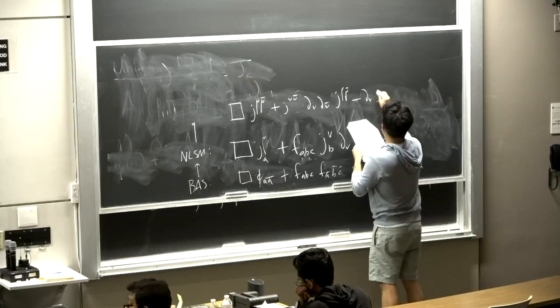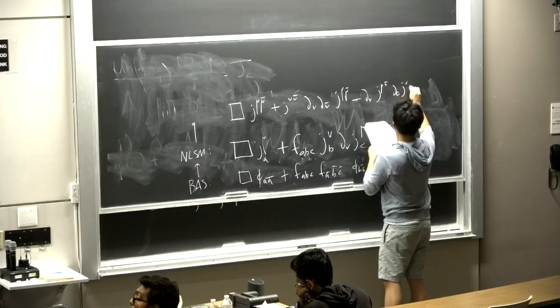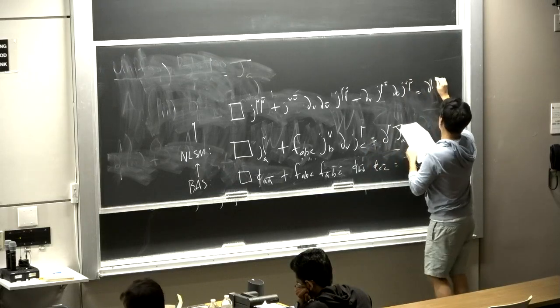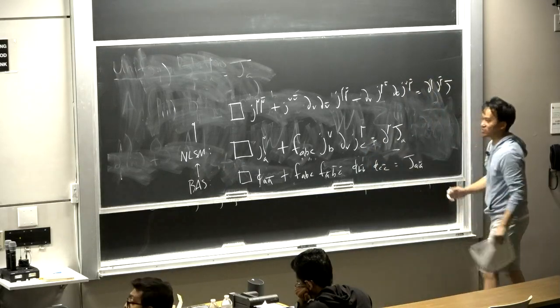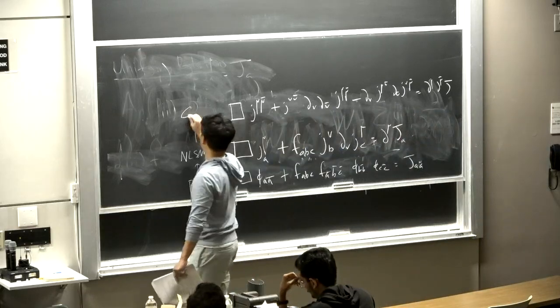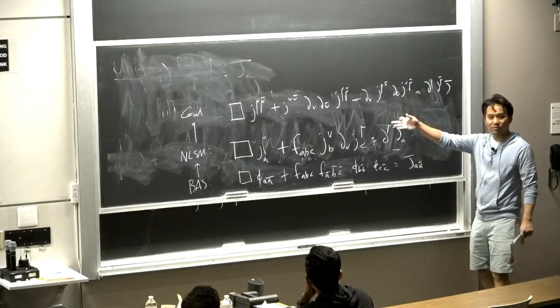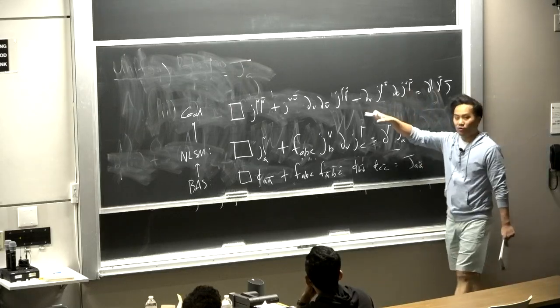I just did the same thing again. This thing is actually the Galileon. You can just check it. This is an equation of motion that had never been written down before, which describes the Galileon.